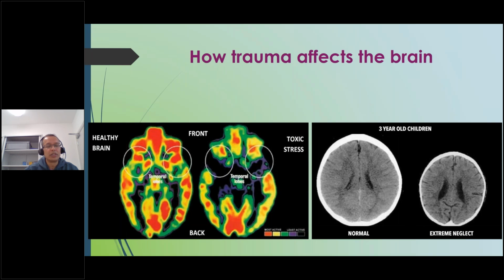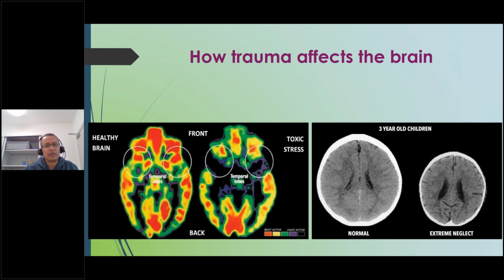In the healthy brain, you'll see there are a lot of active regions. These are the parts that are reacting and responding and are available for learning, and they're tuned in for receiving information from the outside world. Whereas on the right is the brain that has undergone toxic stress, and it has very few parts that are red or yellow, which are the active parts of the brain. The darker parts are the inactive parts of the brain.